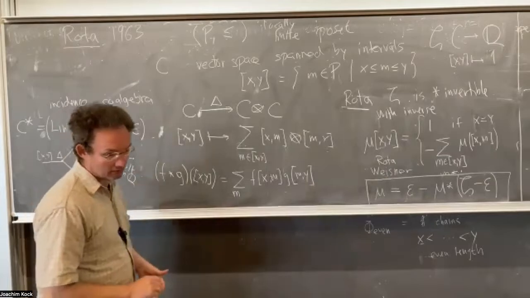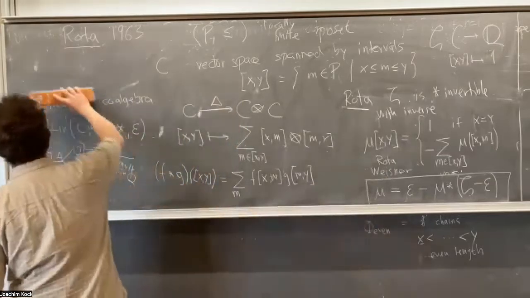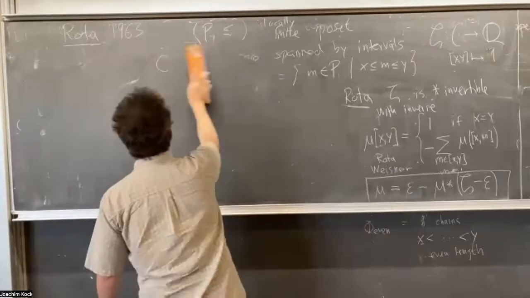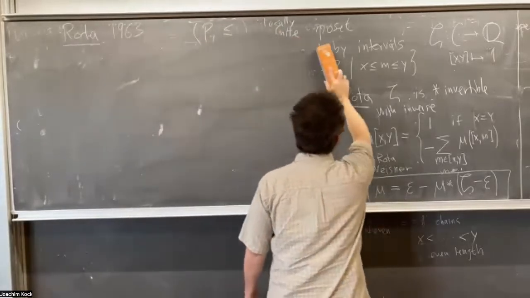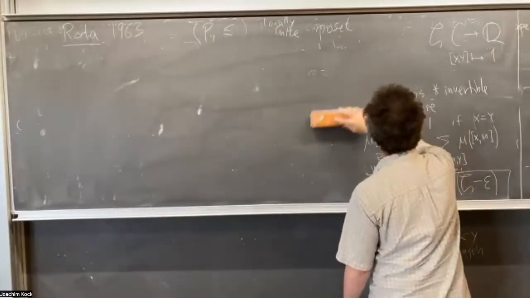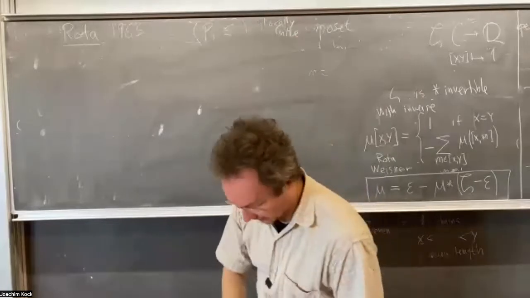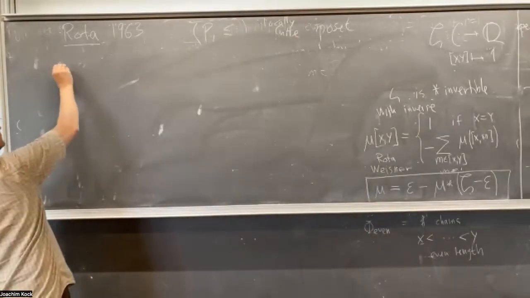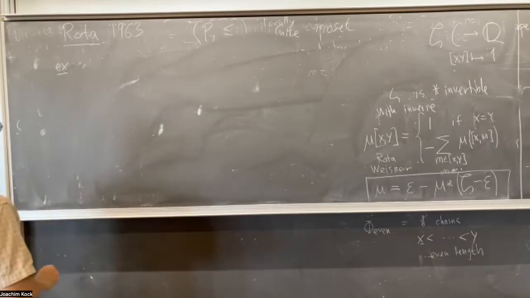Before we move on, I just want to give a few examples of Rota theory, which has really become a main tool in enumerative combinatorics. So let's just see some quick examples.